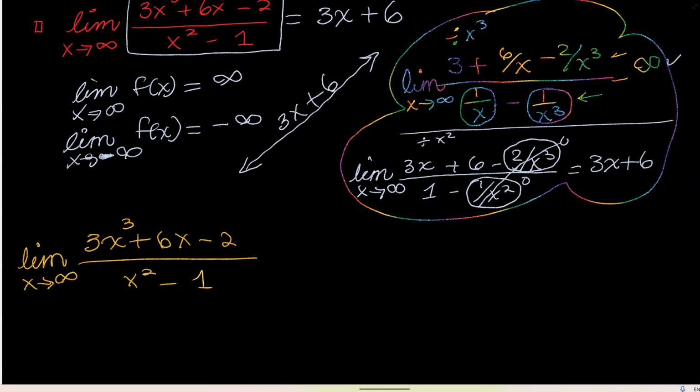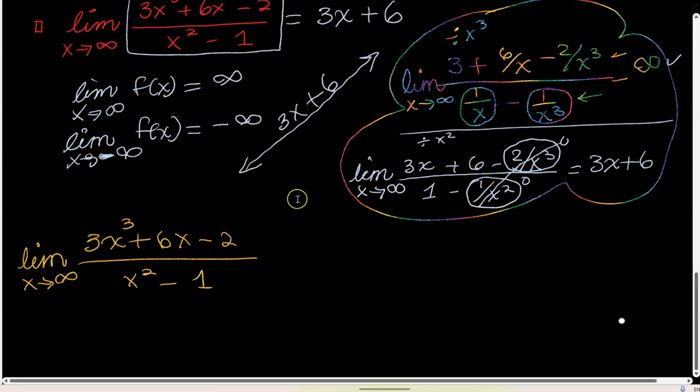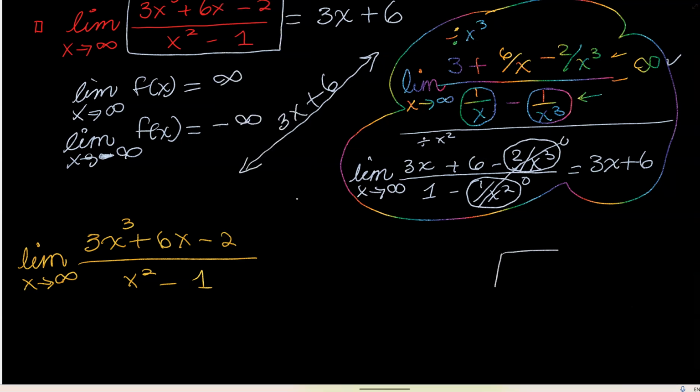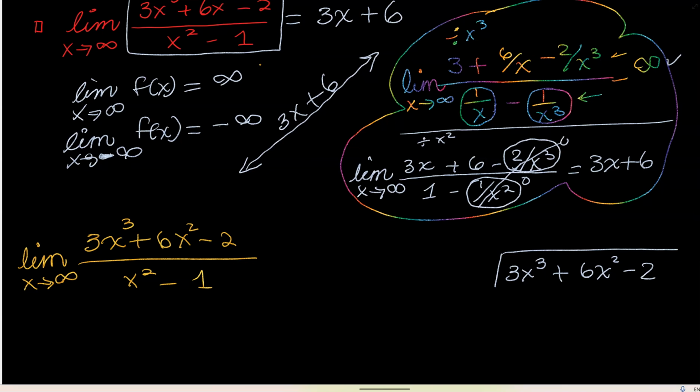So when you use long division, this will happen. You will have 3x to the third plus 6x squared minus 2, and that should have been a square, okay?